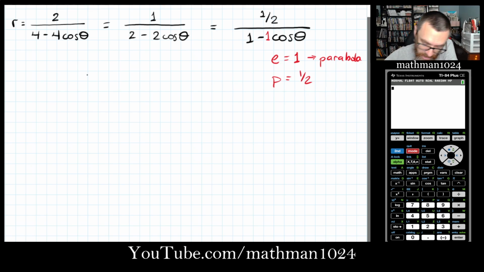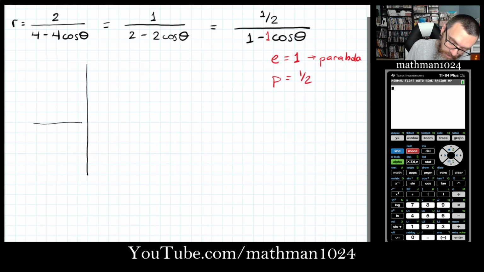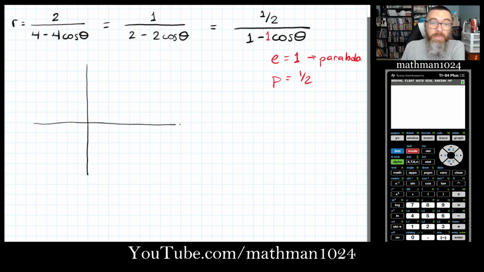Okay, so let's see what we can do with this guy. Boy, that is really crooked. You'll get over it. So that means my focus is always going to be here at the pole. The directrix is going to be 1/2 of a unit to the left because of the minus.